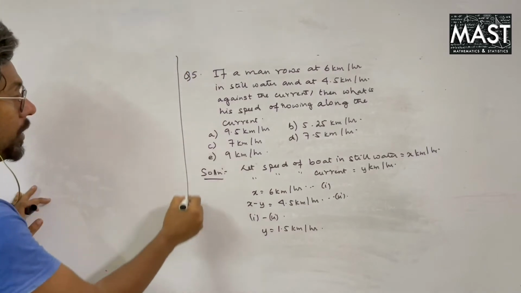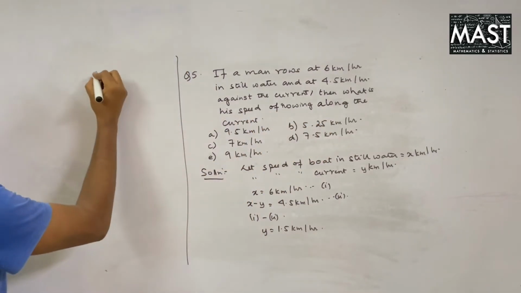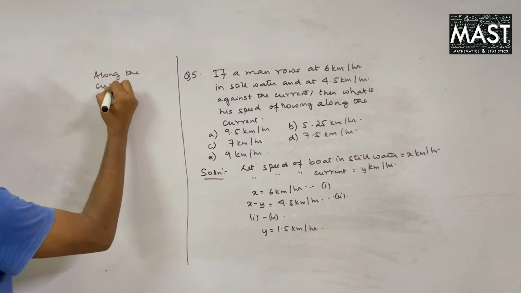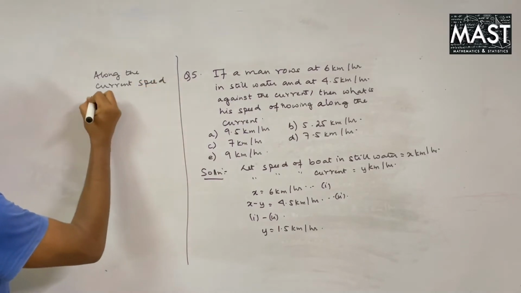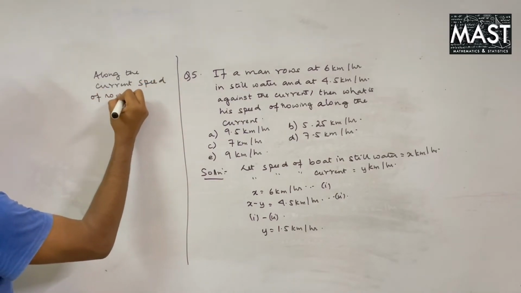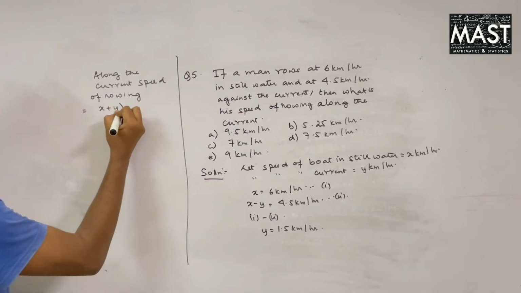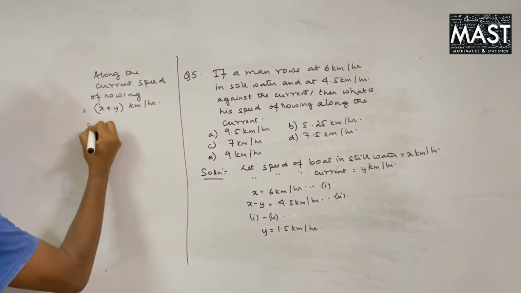Now the question is, what is the speed of rowing along the current? Along the current, speed of rowing equals x plus y, because when he is moving along the current, he is moving downstream.